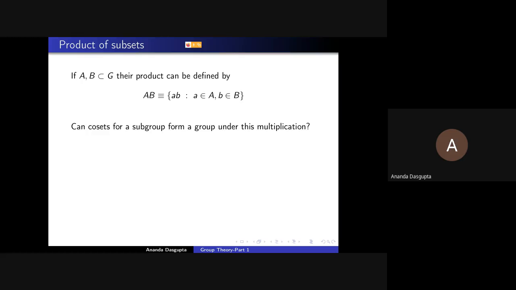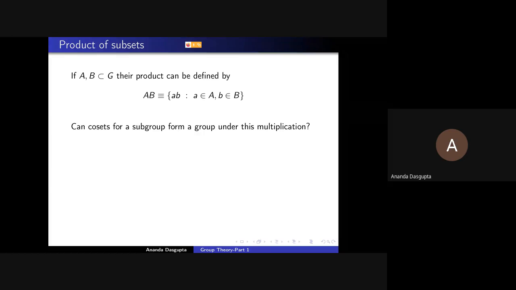Okay. So now that we have a rule for multiplying sets, cosets are of course sets. The question is, can cosets of a subgroup form a group under this multiplication? Okay. So you have a subgroup H of a group G. You have its various cosets.